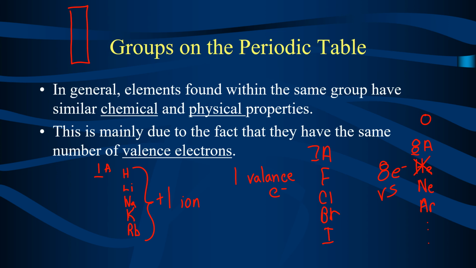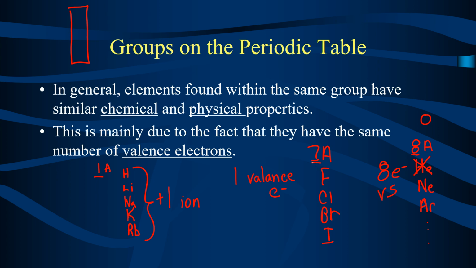How many valence electrons should group 7A have based off the pattern you see? Valence electrons. I'm not talking about charge yet. If group 1A has 1 valence electron and group 8A has 8 valence electrons, 7.